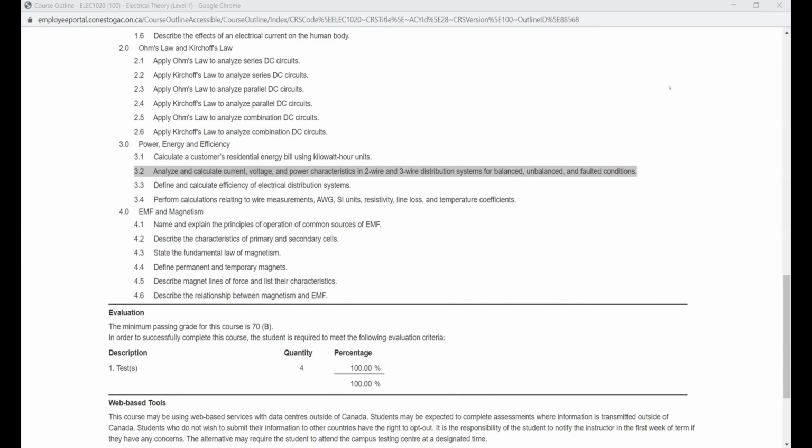Is that a book from Conestoga or from the Union Hall? Oh, no, it's just a book. What happens is that the students always get their book at the bookstore, but if you are a union member, you are going to be getting all your books from the Union Hall, but they are the same books.